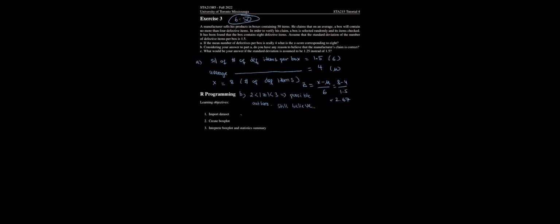However, if you look at part C, they ask what our answer would be if the standard deviation is 1.25 instead of 1.5. Then we calculate the z-score at this point, again x minus mean divided by standard deviation. So 8 minus 4 divided by 1.25, what is this?